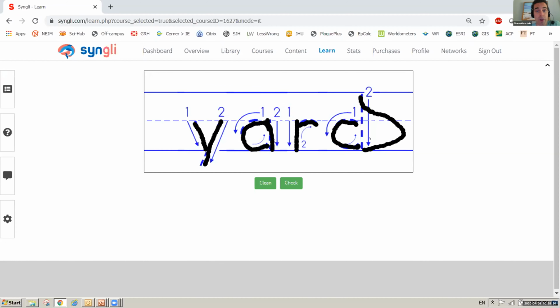We found that has been quite helpful for children who have a related problem to dyslexia called dyspraxia, where they have difficulties with the motor production of language, whether it's speech or, in the case of dyspraxia, with handwriting in particular.